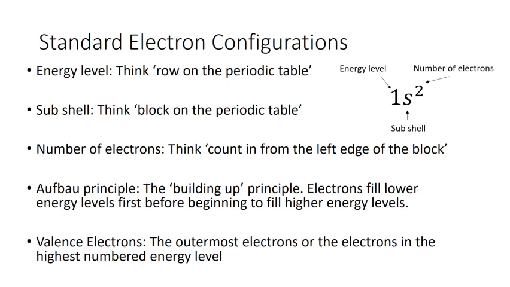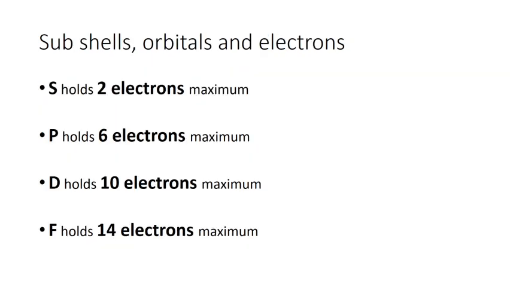The other term is valence electrons, the outermost electrons, or the electrons in the highest numbered energy level when you're looking at the electron configuration. Remember, all the electrons in that highest energy level. When we do our examples, I will point out the valence electrons.